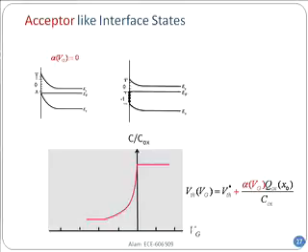Now, as you go the other way, starting from inversion and going toward accumulation, as you move down, of course you have a bunch of acceptor states below the Fermi level. These are negatively charged because they just accepted an additional electron.